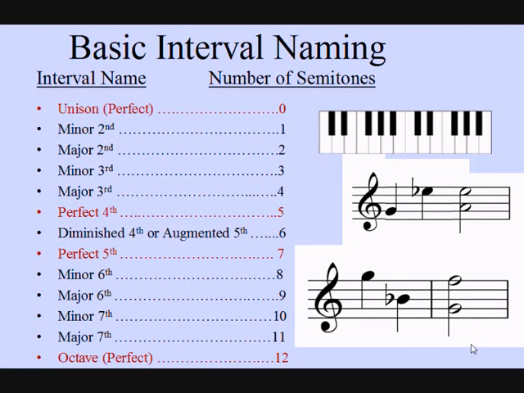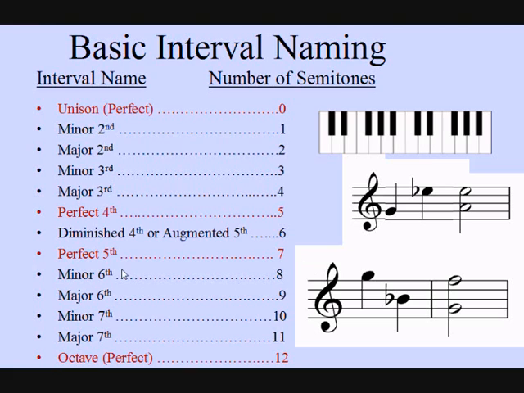Let's look at some more examples. Here we have, from the staff point of view, 1, 2, 3, 4, 5, 6. This is a sixth. I don't know whether minor or major. Let's look at the number of semitones from G to E flat. We have 0, 1, 2, 3, 4, 5, 6, 7, 8.